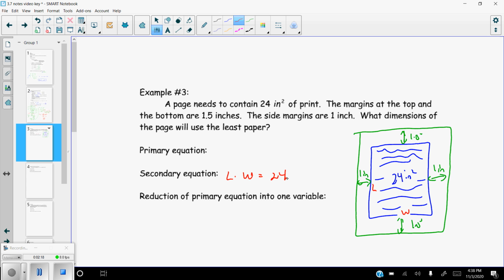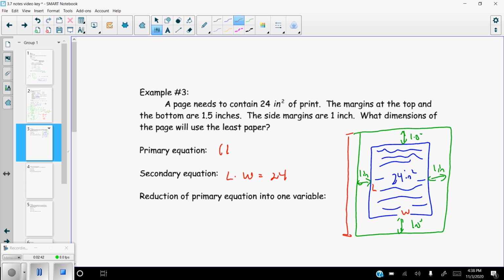Well, now I need to come up with a primary equation, which is for the entire page. So it looks to me like the entire page is going to be this whole thing right here, which is the length of the blue piece plus an additional 1.5 on top and 1.5 on the bottom. So really it's going to be the length plus 3 more inches total.